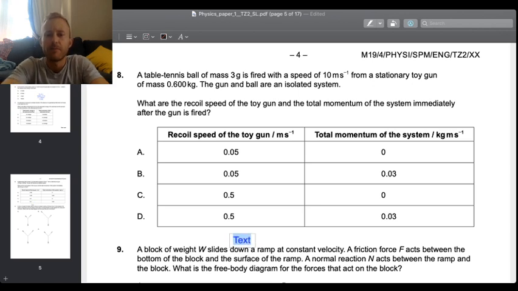So basically we're going to have 0 equals momentum of the ball, which would be 3 times 10, plus the momentum of the toy gun, which would be 0.6 times V final.